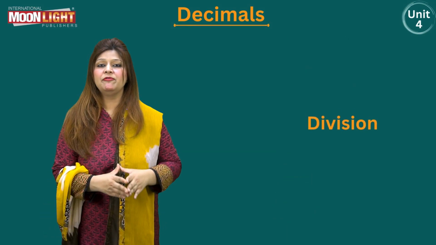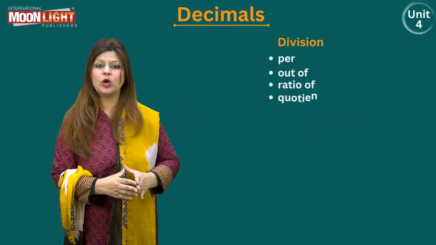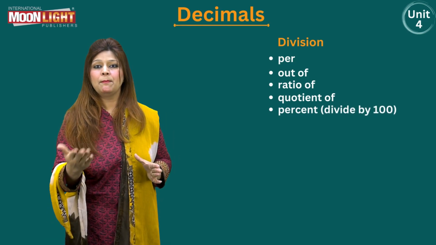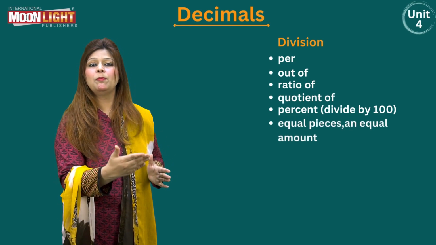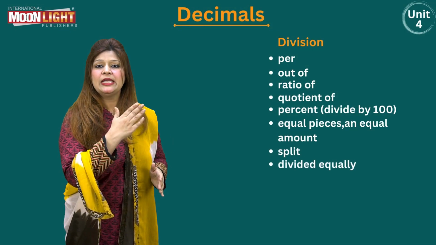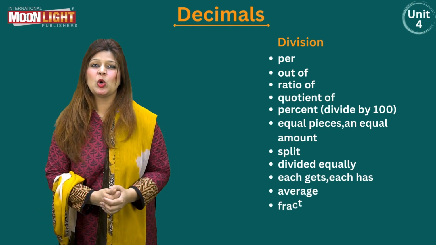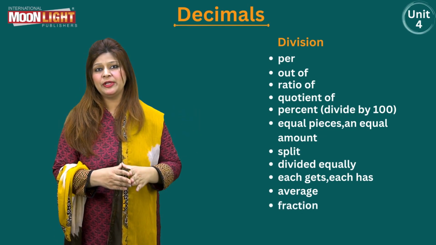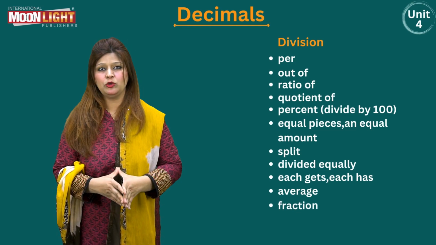For division we have per, out of, ratio of, quotient of, percent, which means equal to some kind of fraction, equal portions, equal parts, split, divided equally, each portion, average and fraction of. You need to remember these words, and they will tell you in the word problem which appropriate operation to choose.